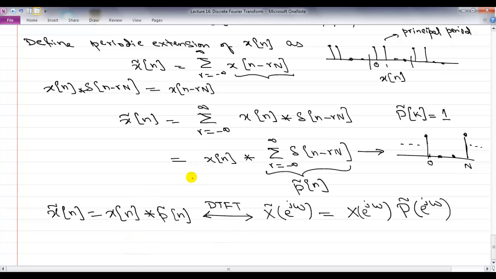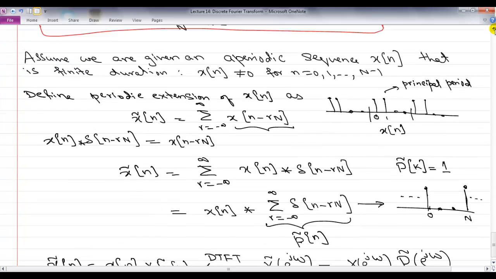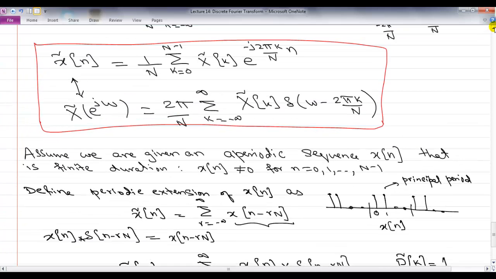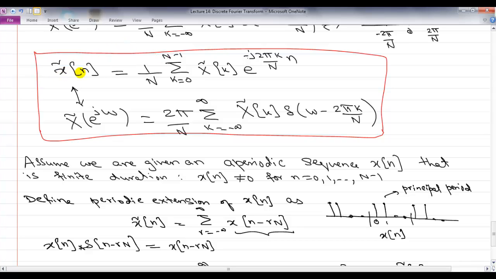And by the definition, we'll now come back to this expression. We said that if you are given a periodic sequence and you want to write down its discrete time Fourier transform, that is given by 2 pi over N times the discrete Fourier series of the sequence times a delta function. Okay.